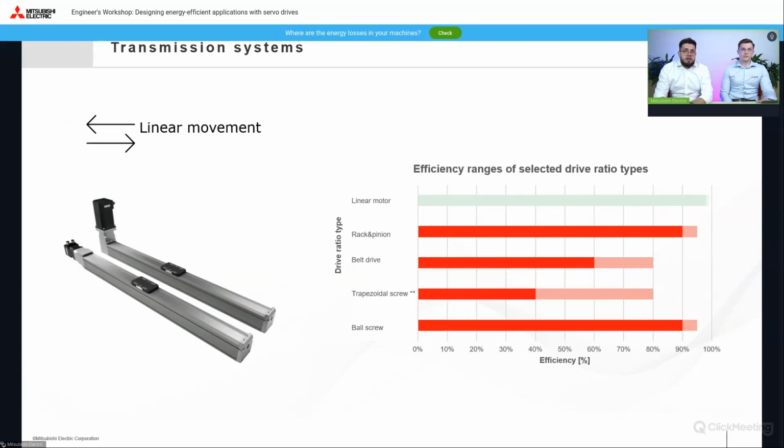We have collected similar data for the power transmission for linear motion, starting from the most efficient solution, the linear motor, which is very close to 100%, and ending with the worst, a self-locking trapezoidal screw with efficiency around 40%.